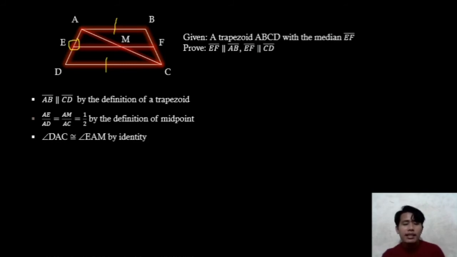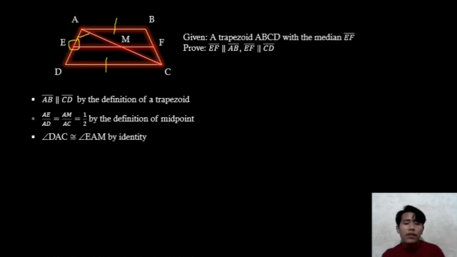Then angle DAC is congruent with angle EAM by identity, which means that angle A is congruent to angle A, this one. Identity is also known as the reflexive property of congruency.